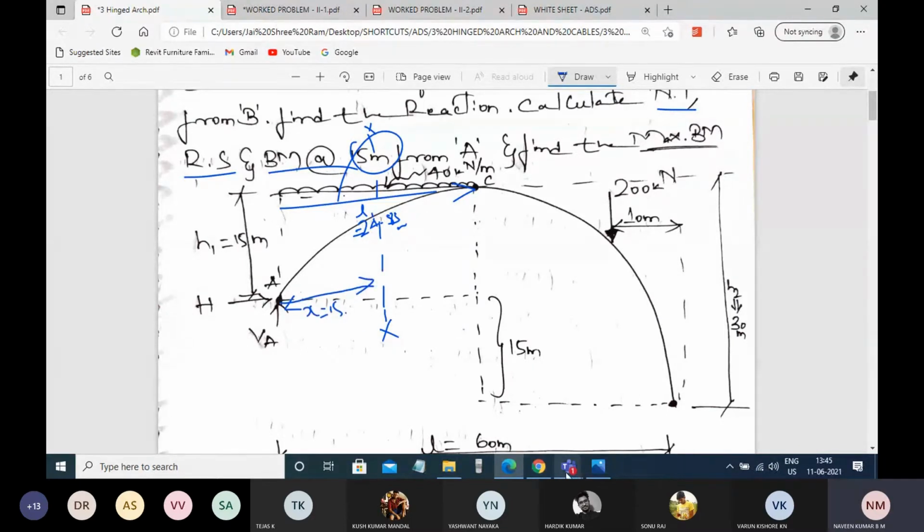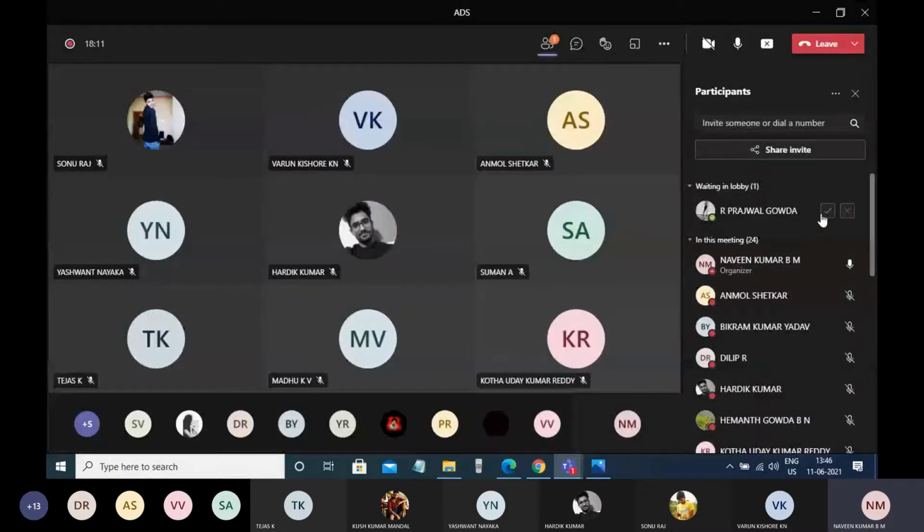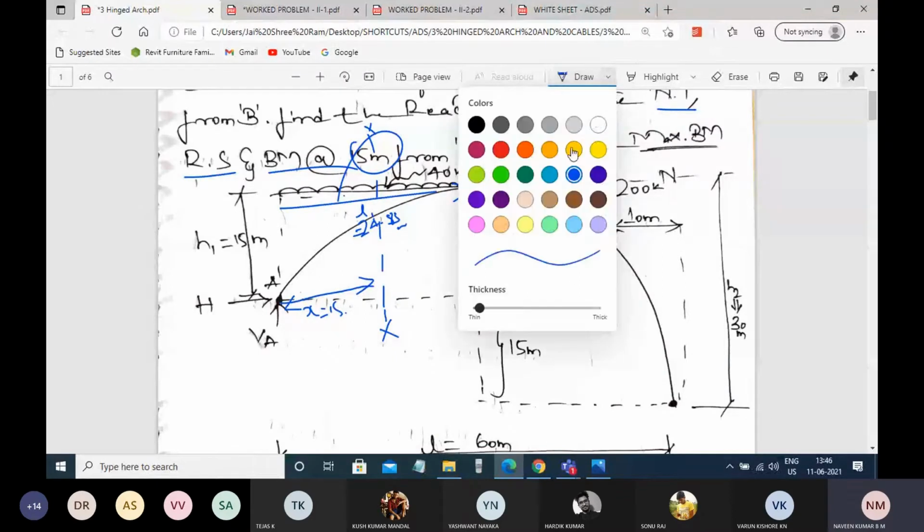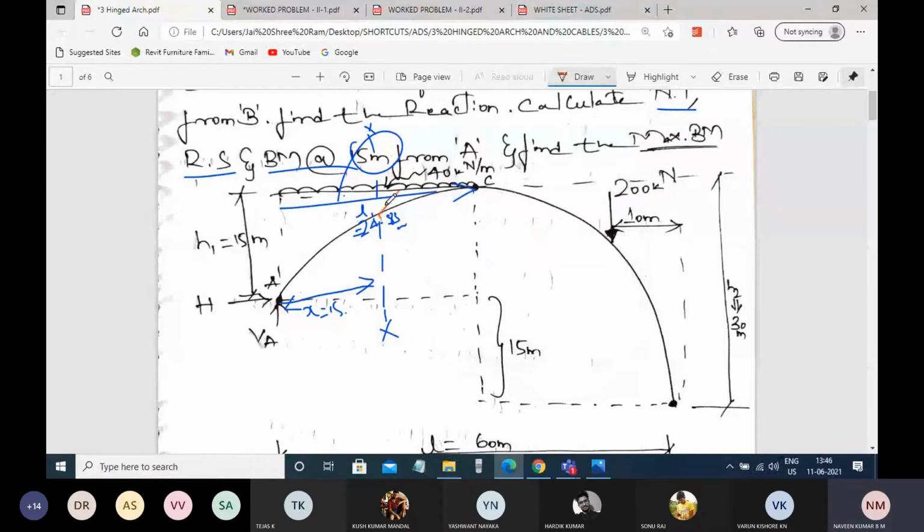Somewhere here you will get x equals to 15 from support A, where you need to find the radial shear and, perpendicular to that, the normal thrust, and also you need to find the bending moment at this region.